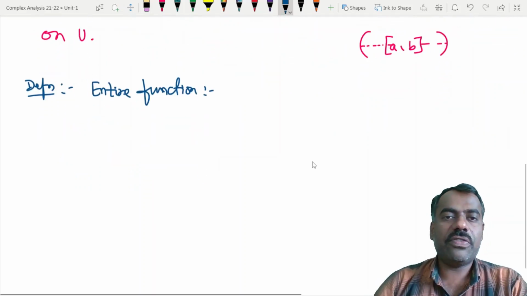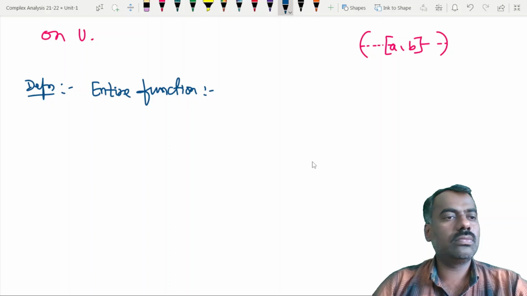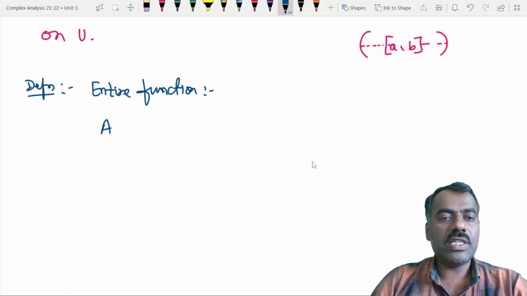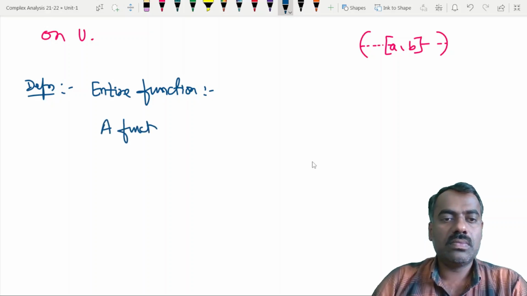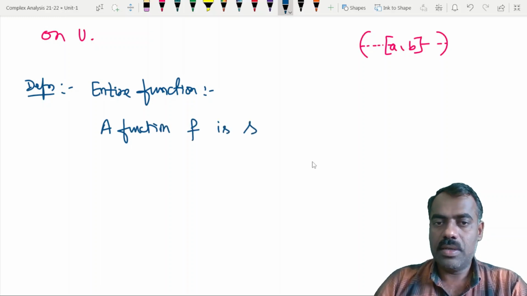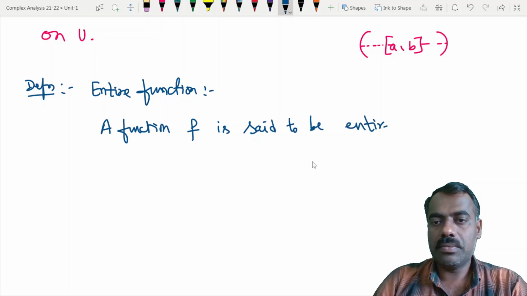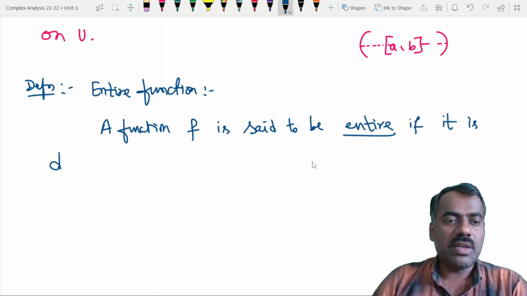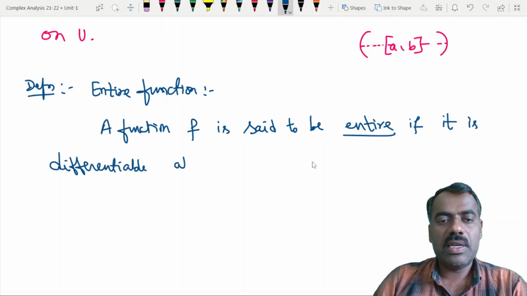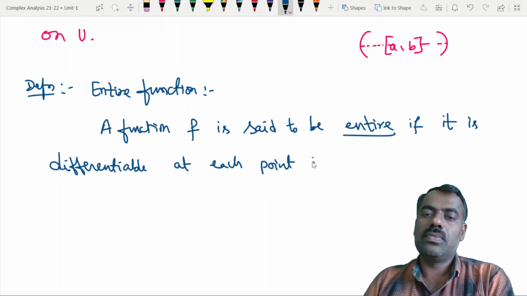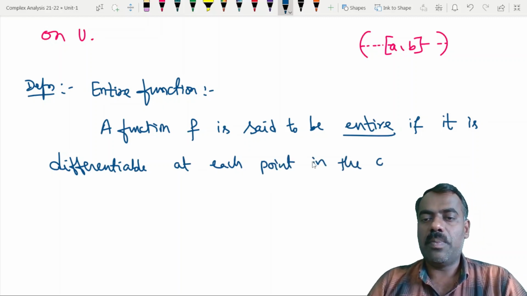So a function f is said to be entire if it is differentiable at each point in the complex plane.